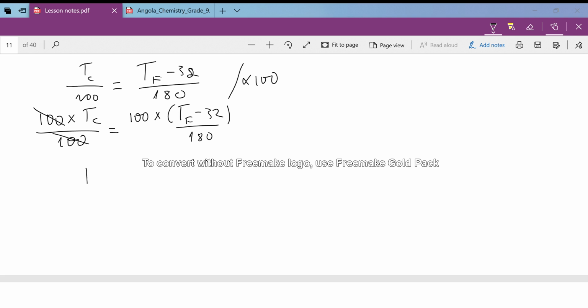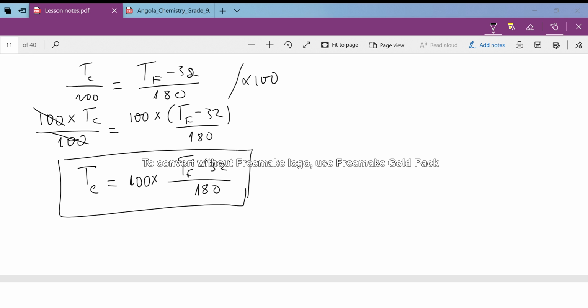We'll have Tc equal to 100 times Tf minus 32 over 180. Now, from this equation, we will be able to calculate Tc once Tf is given. Tc is the temperature in degrees Celsius or degrees centigrade, and Tf is the temperature in degrees Fahrenheit.